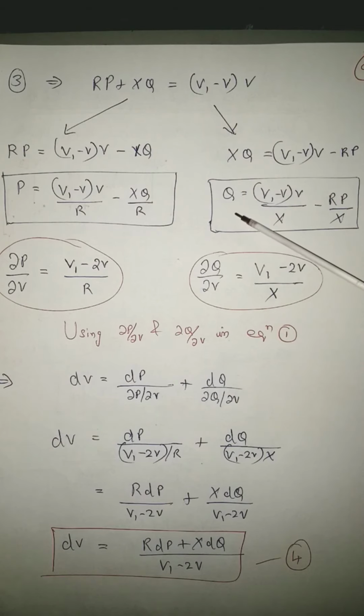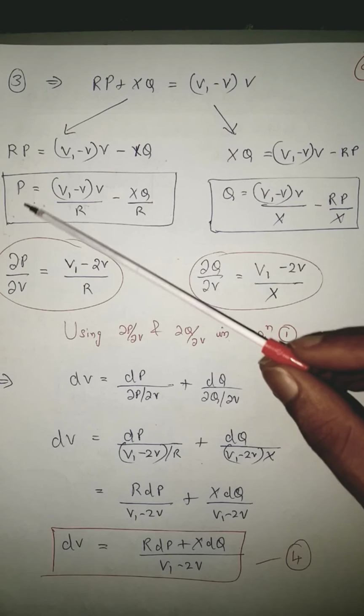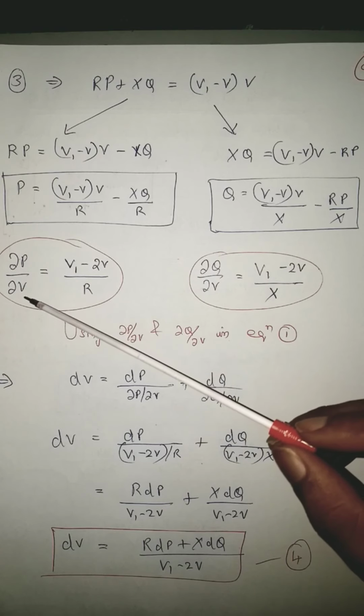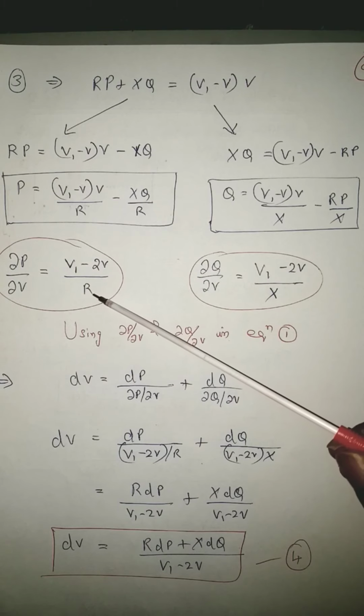So if you simplify, Q will be (V1 minus V) into V by X minus RP divided by X. Now I am interested in the partial derivative of P with respect to V. So whenever you take the partial derivative of P with respect to V, you get (V1 minus 2V) divided by R.